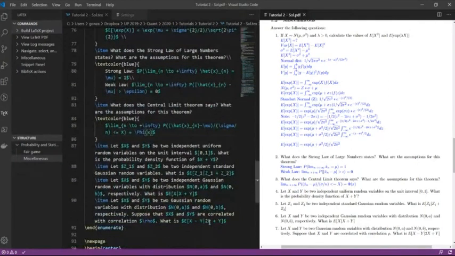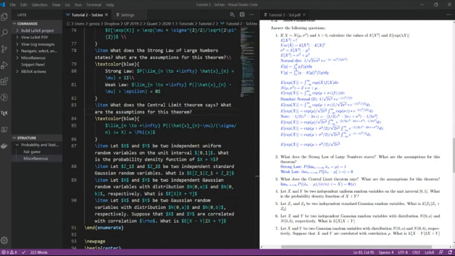Right. What assumptions do you need for this theorem? Any of you guys? IID, yes. You need IID. The sample size, well, the sample size is in the definition, right?